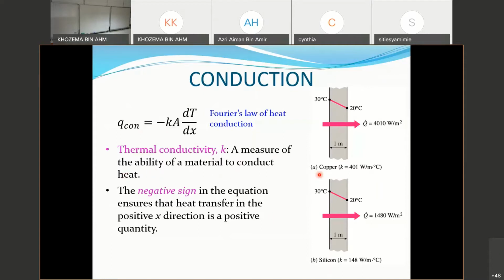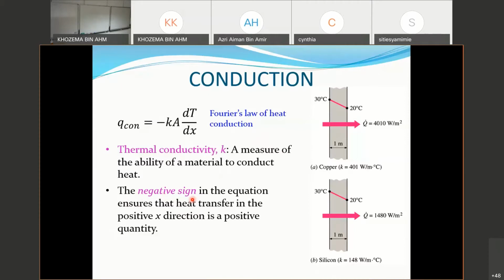You can see here, copper has a thermal conductivity of 401, whereas silicon has a thermal conductivity of 148. So different materials will have different thermal conductivity. Okay, and then the next important thing that you have to understand is the negative sign. Why do we put a negative sign here?